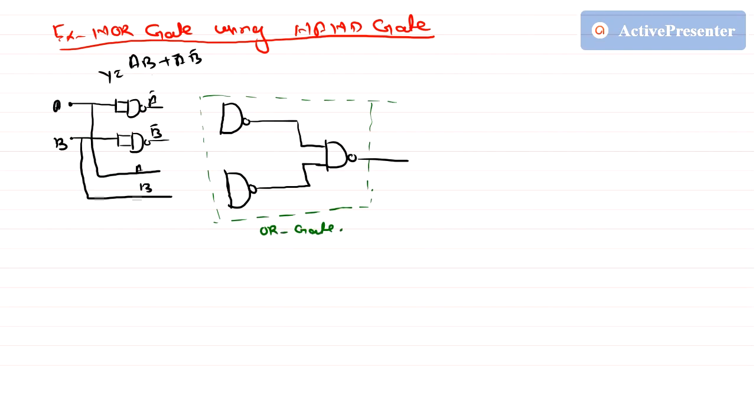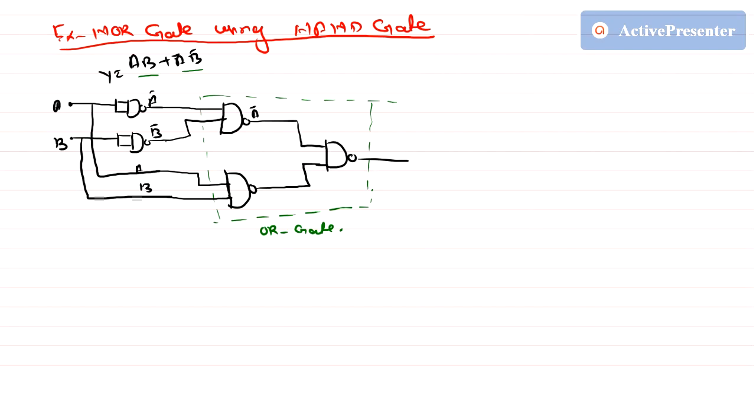Now we have AB available here and A bar B bar available here. We just have to use them in an OR gate. So I'll connect this here. See, here what will be the output?